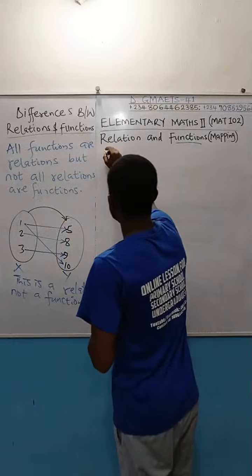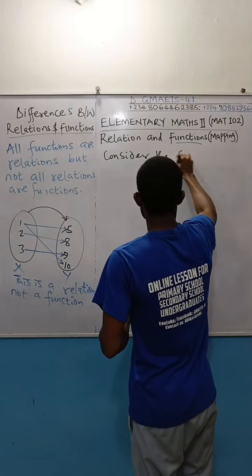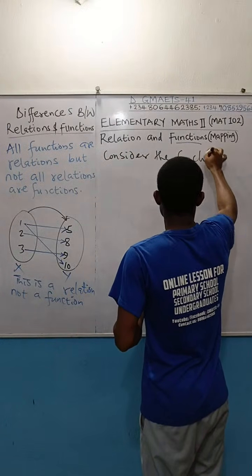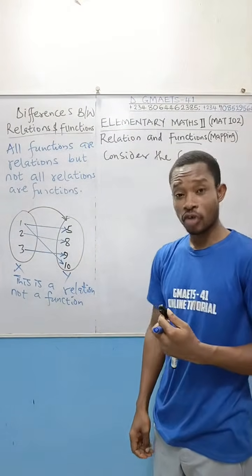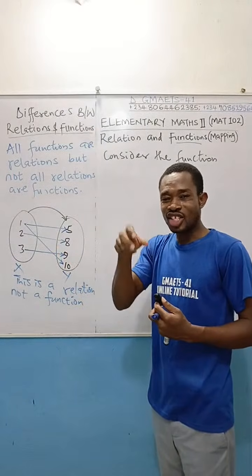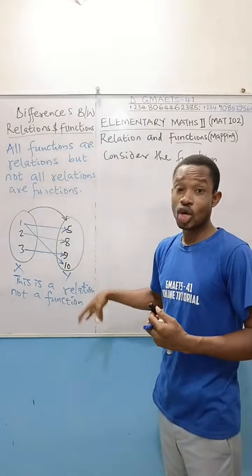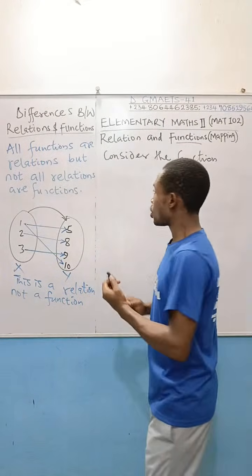Okay, now consider this function. Please take note that at this point, we are giving full attention to functions. We are done with relation. Relation is not what we study in this topic and in this course. What we study is function.